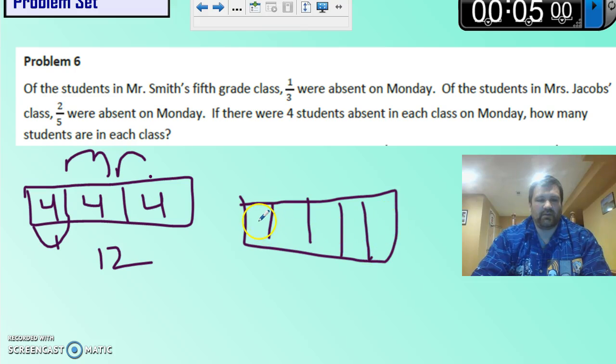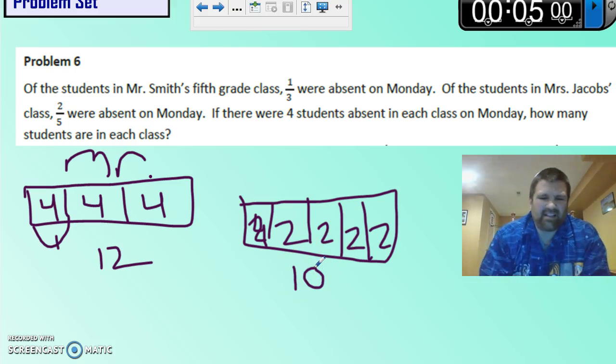And we know that it is 4. Wait, sorry. 2, 2, 2, 2, and 2. So 5 times 2 is 10. I wish I had a class that small. And we know that it was because 2/5 was 4.